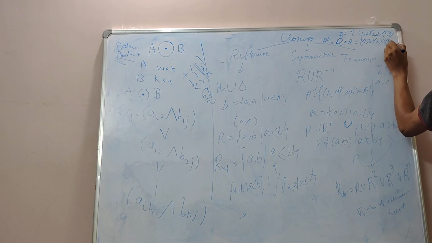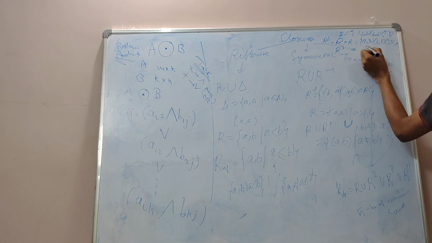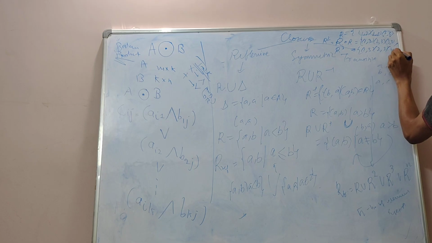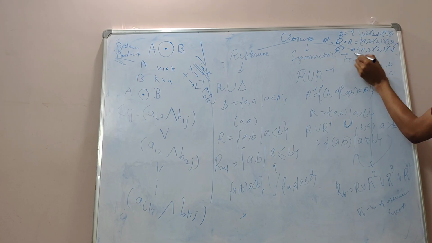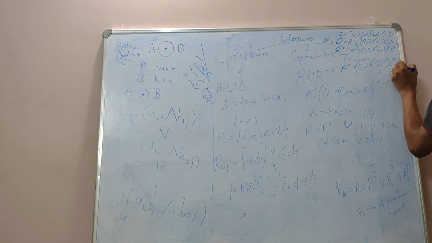Again I will find for R cube the same thing, you can calculate. So this is the same thing. Now R transitive will be the union, so it will be given as (1, 2), this and this all, (1, 3), (2, 3), (3, 3).